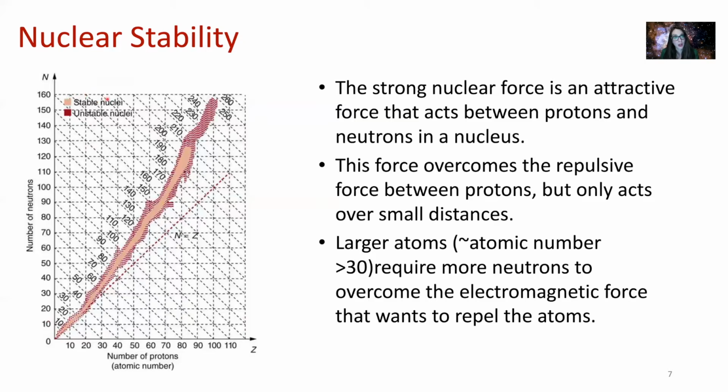But we only have stable nuclei over a very small range where the number of neutrons equals the number of protons. When you get to larger and larger atoms, you have to start adding more neutrons compared to the protons in order to keep the nuclei stable.